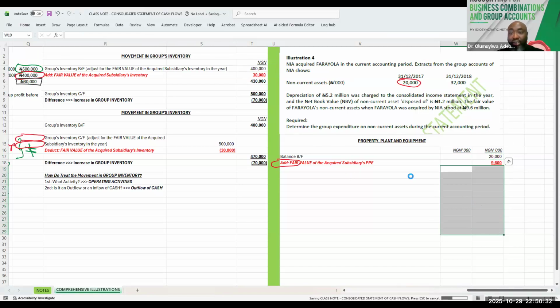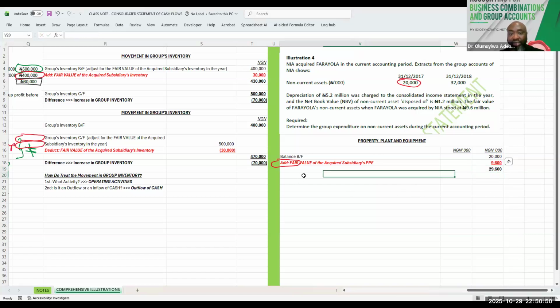Okay. Now, at the end of the day, that sum up to 29,600. What then do I need to do? In that year, what are other impacts in that year? Transaction impacts in the year.